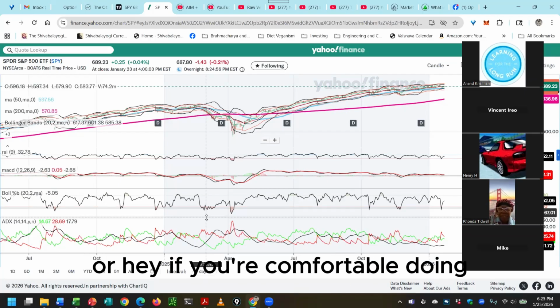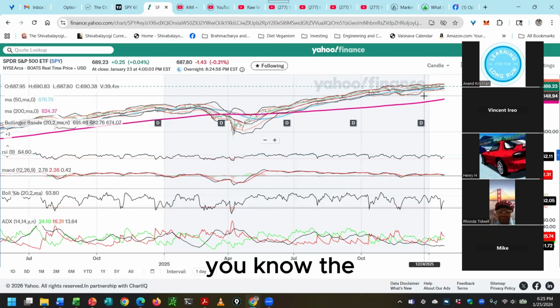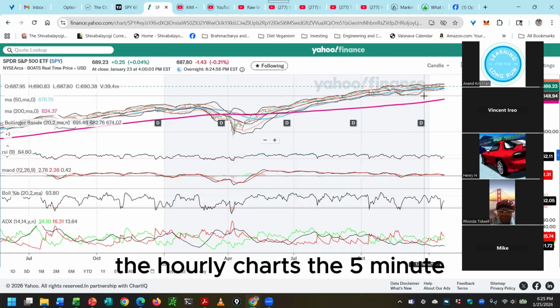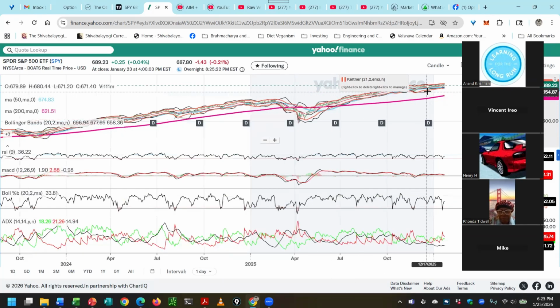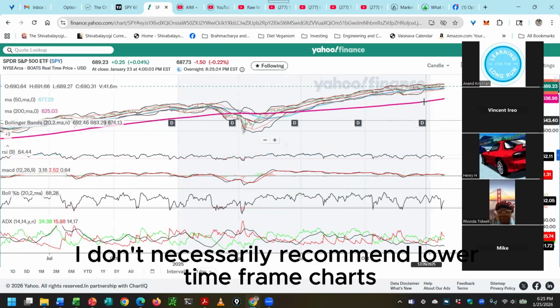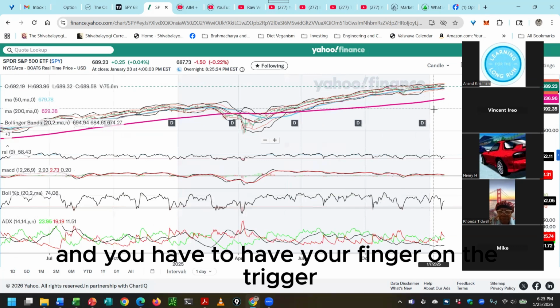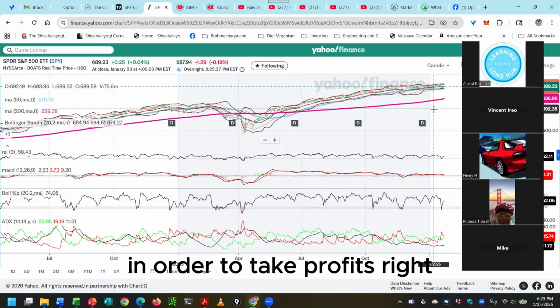Or, if you're comfortable day trading, you can use the hourly charts, the half-hour charts, or even go as low as the 5-minute charts. I don't necessarily recommend lower time frame charts, because things change very quickly there, and you have to have your finger on the trigger ready to take profits.